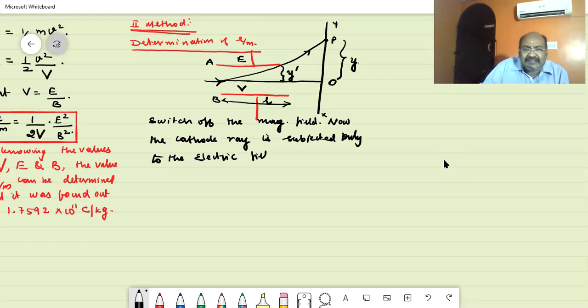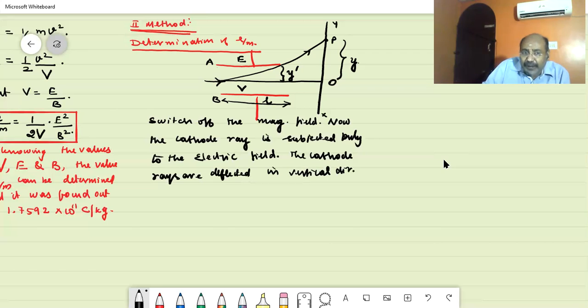When it is subjected only to the electrical field, what happens? The cathode rays are deflected in the vertical direction, in the vertical upward direction, producing a vertical displacement of how much?